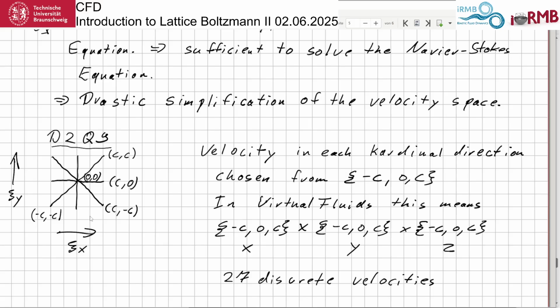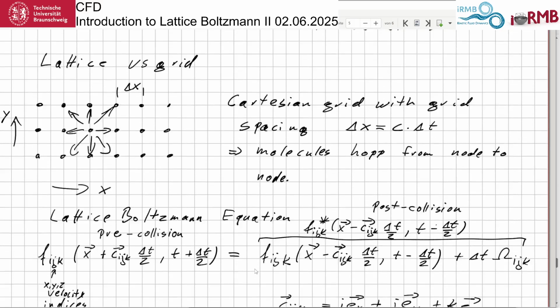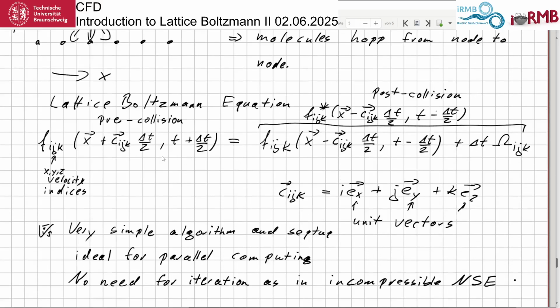So this requires this lattice structure. Okay, and in 3D, of course, we have 27 of these.